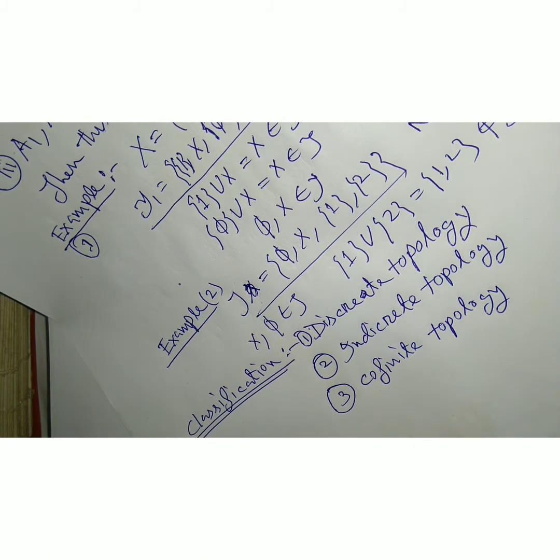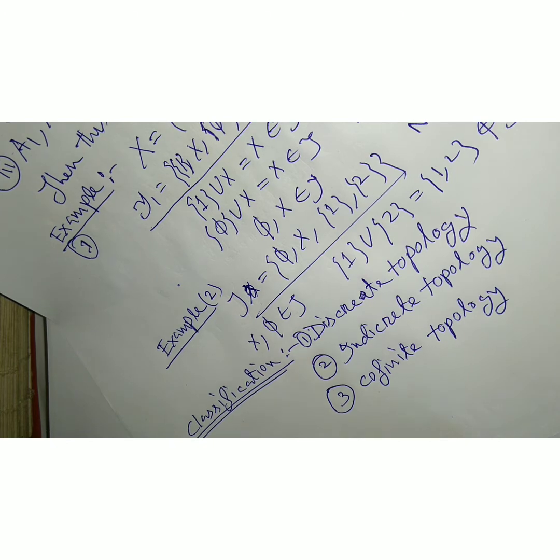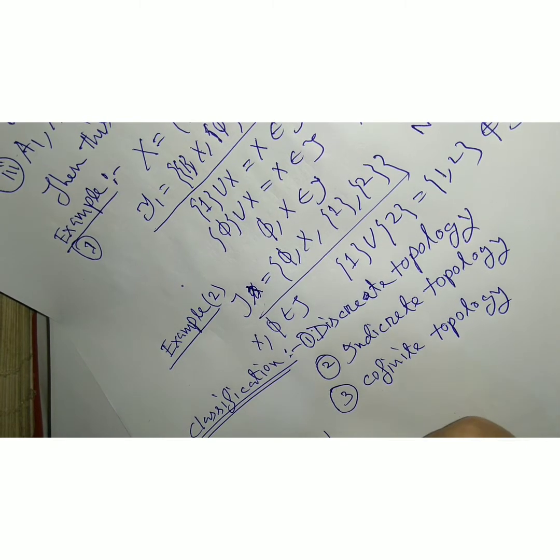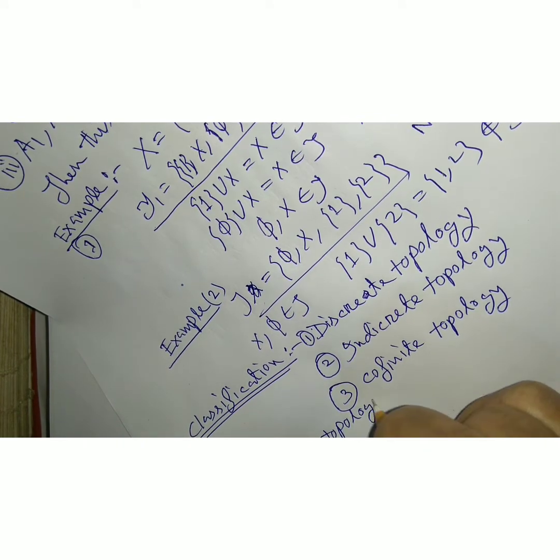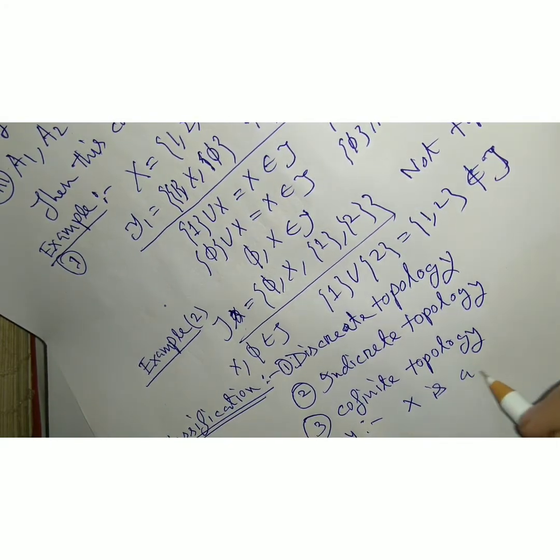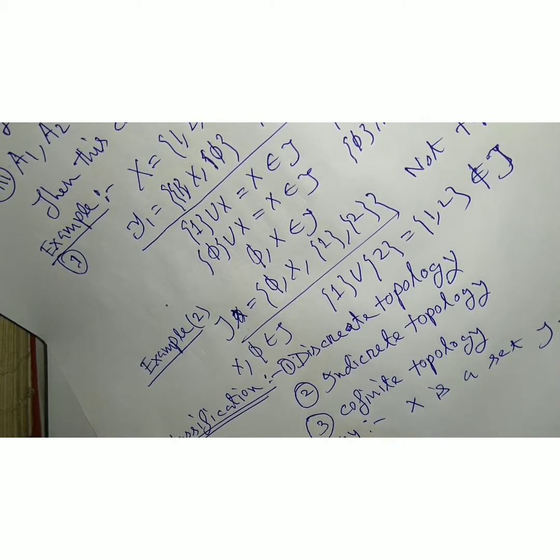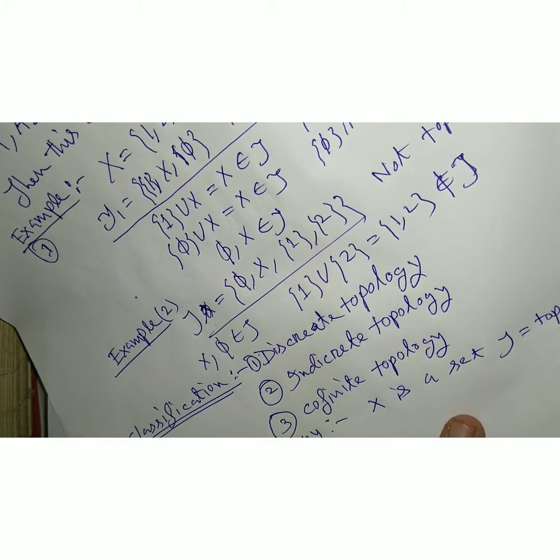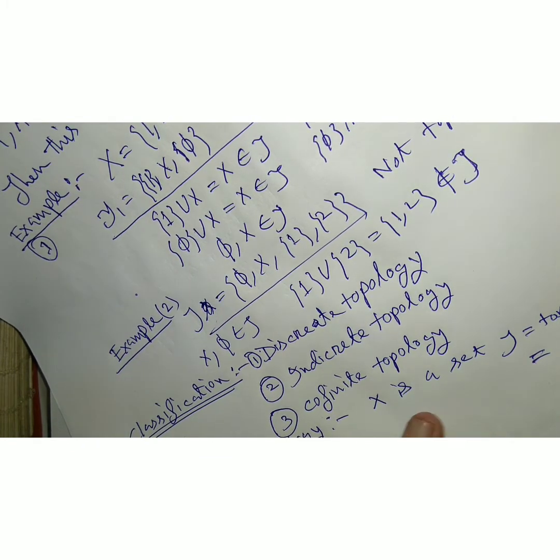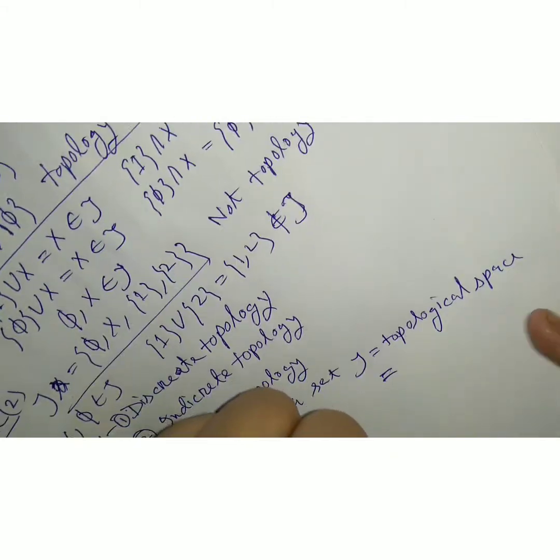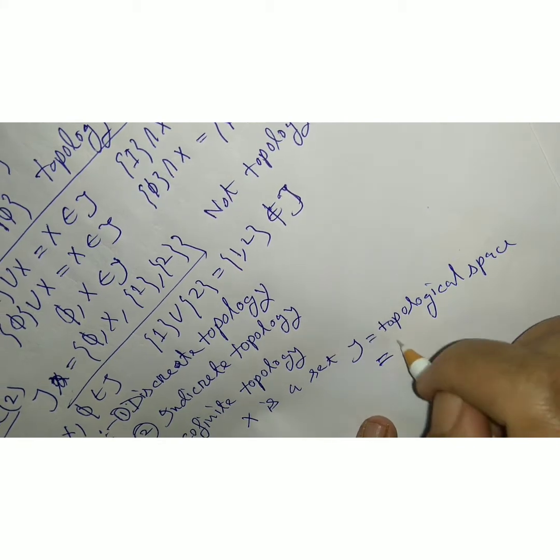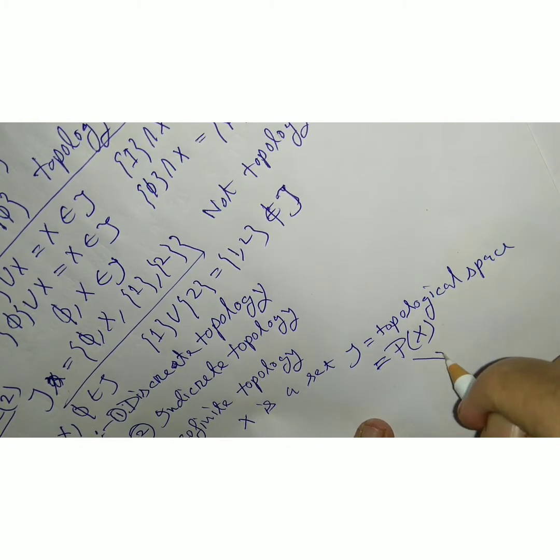Let X be a set, and tau be a topological space equal to PX. PX means the power set, all collections.